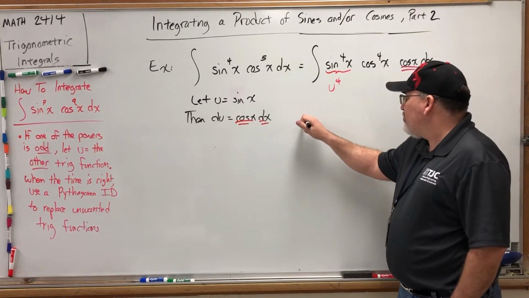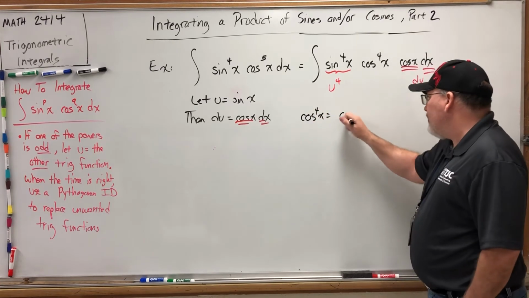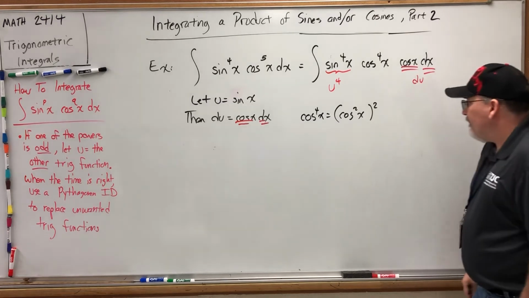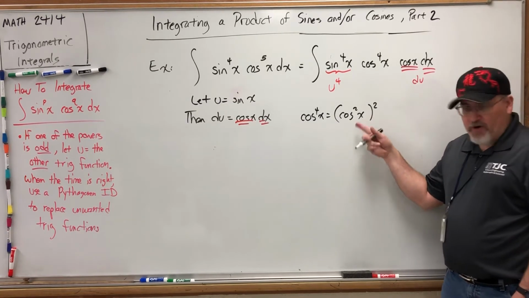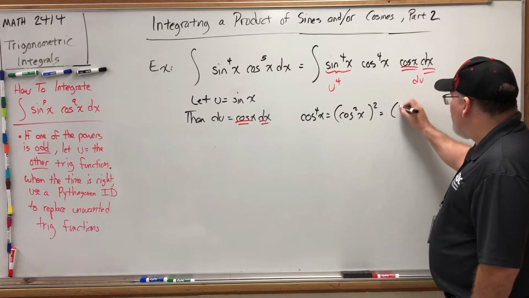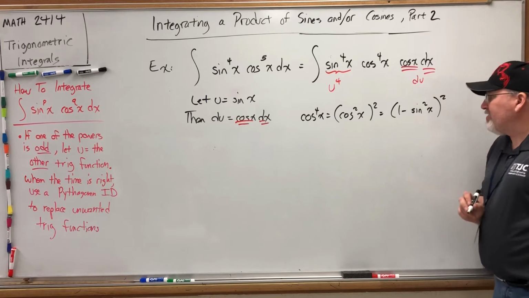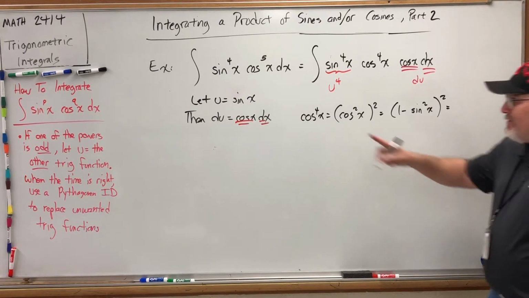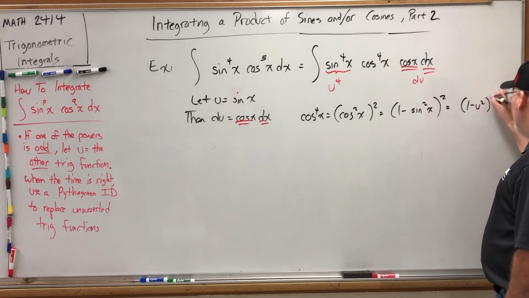In other words, cosine to the 4th power of x is equal to cosine squared of x squared. And as long as the power is even, you can always write it as the power of cosine squared. Well, cosine squared is 1 minus sine squared of x. But that has a square on the outside. And because sine is equal to u, this is going to become 1 minus u squared squared.